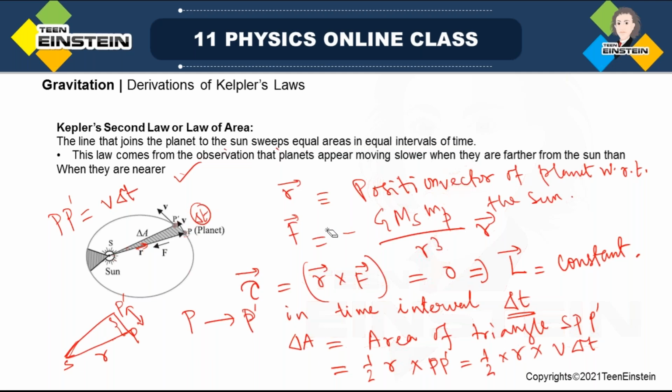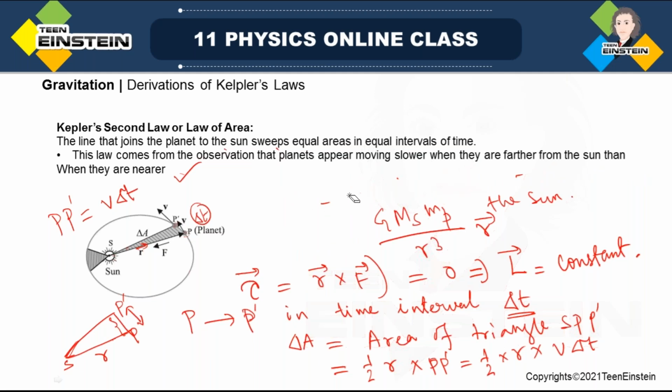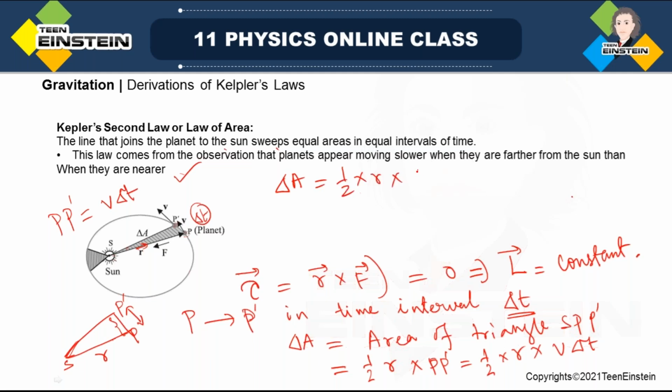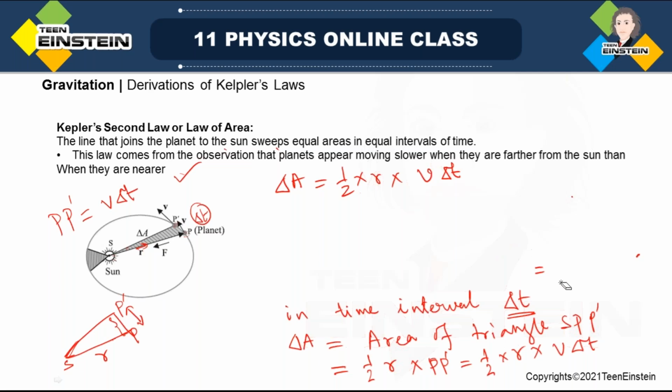I'll just remove this portion because these are known to us already, we can write it anytime if we want. So I'll write it here now: delta A equals half into r into v into delta t. Then I'll remove this portion to do the calculation over here.